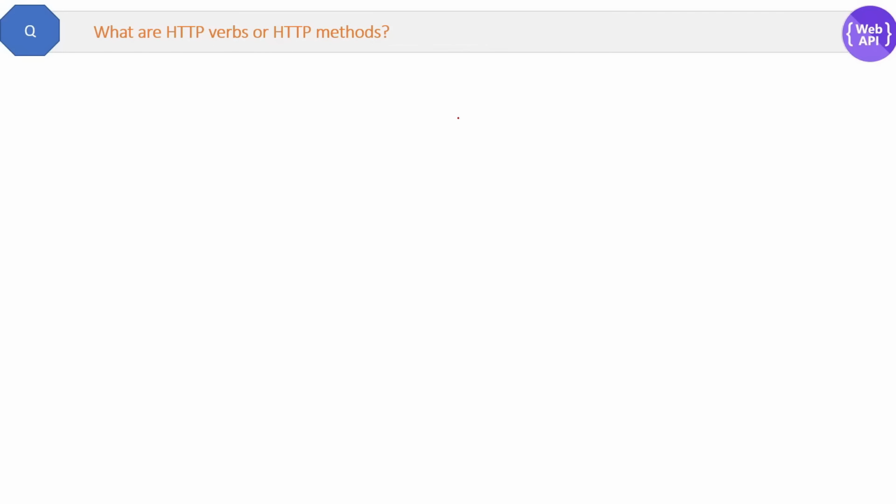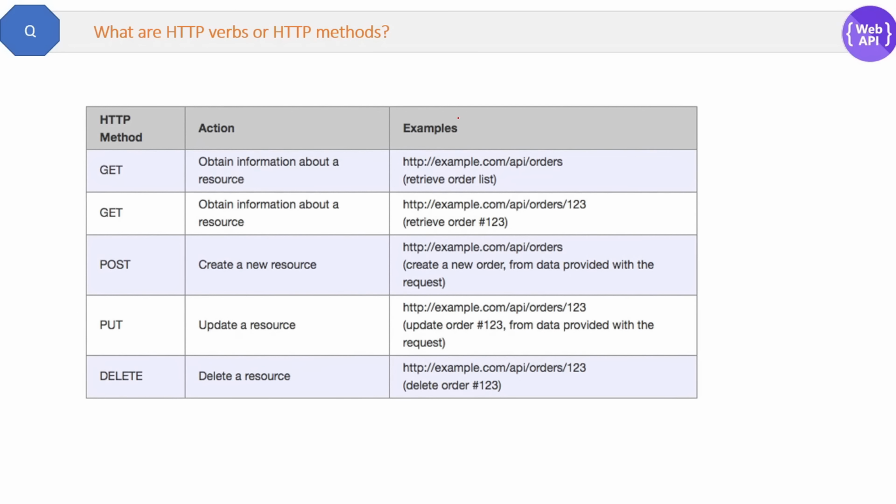What are HTTP verbs and HTTP methods? HTTP verbs and HTTP methods are the same thing. First of all, here is the table: get, post, put, delete. These are the HTTP verbs or methods. These methods we have in our Web APIs. First one is get, which is used to get the information of a resource.